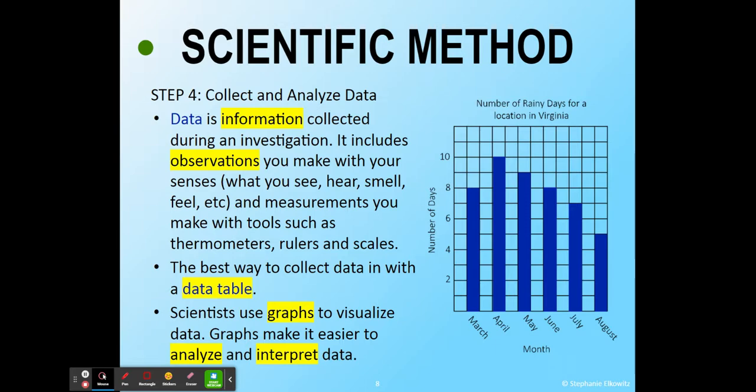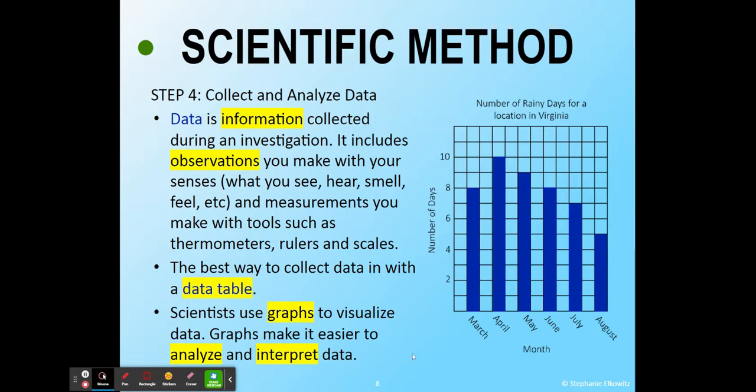The reason it's important is because we take the information from a data table and then use graphs to visualize the data. It's a lot easier for us as humans to break down what we are visually seeing than just look at a random assortment of numbers, right?